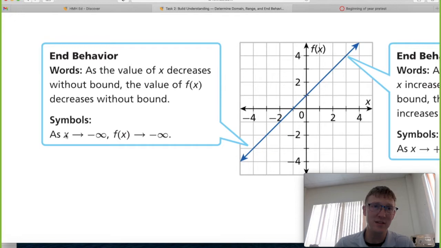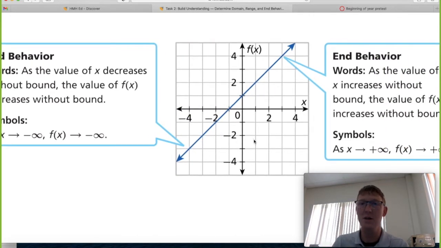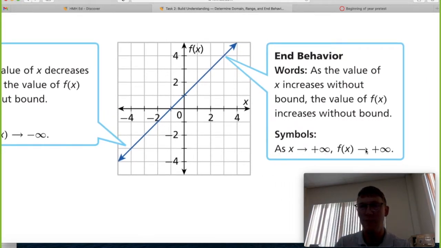But what this means is as x approaches negative infinity, as x goes that way, f of x, or y, approaches negative infinity. So it keeps just going down without bound. The other direction: as x approaches positive infinity, f of x approaches positive infinity. So again, it just increases. Too easy, right?